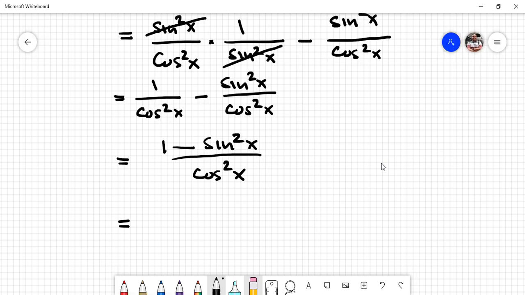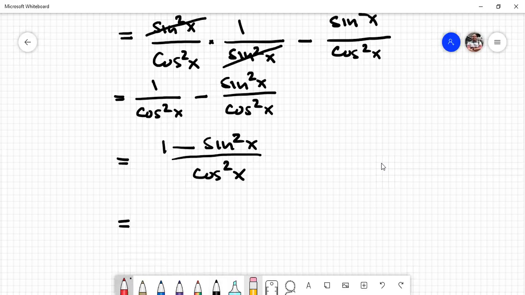Okay, and then what we have here, remember, 1 minus sine square x equals what? Do you know that? I think this is part of the basic trigonometric identity. Sine square x plus cosine square x equals 1. You remember this?